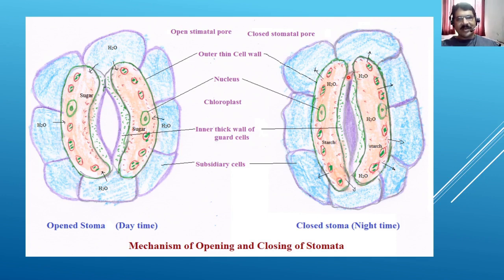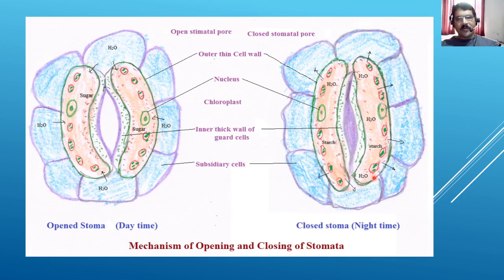You can see the concave shape of these guard cells has also decreased, and due to this flaccidity these inner walls come close to each other, and they will close this stomatal opening partially or completely, and due to that the stomata get closed.